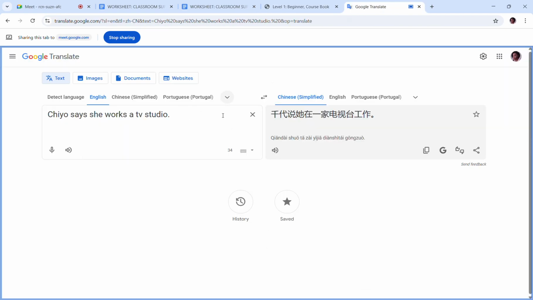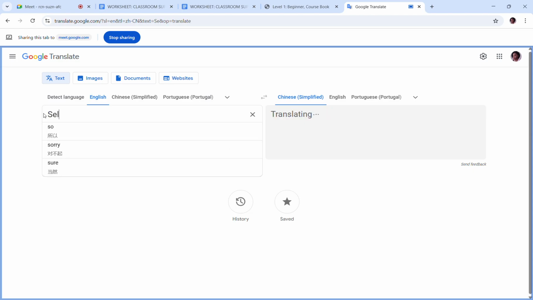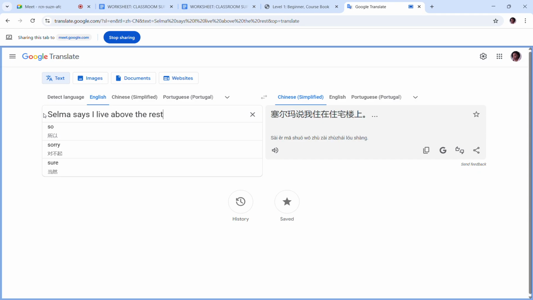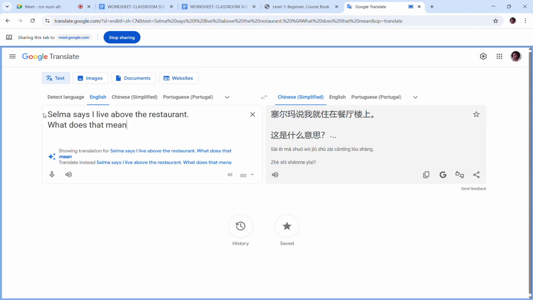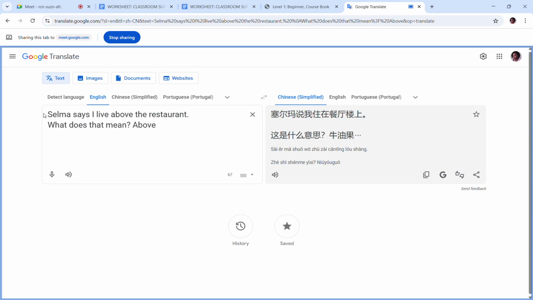Selma says, I live above the restaurant. So what does that mean? Above. Is it on top?